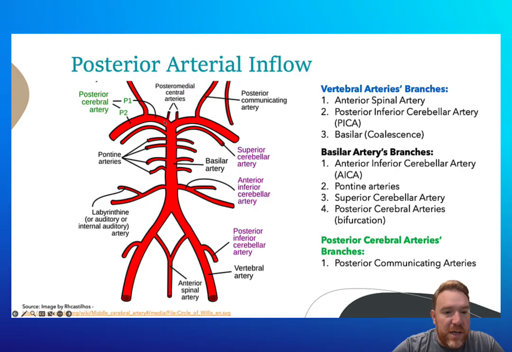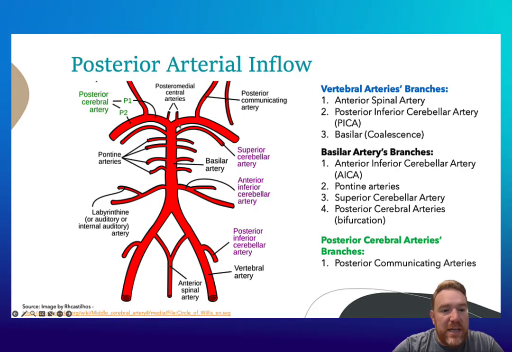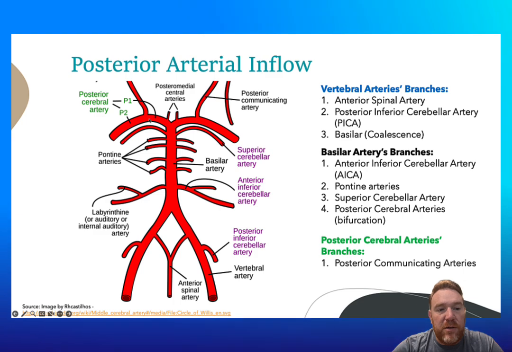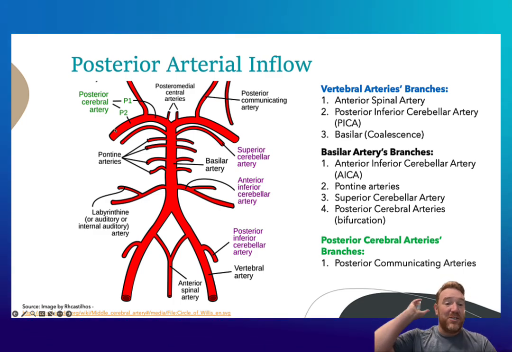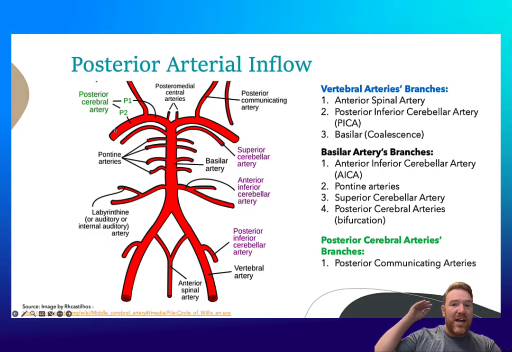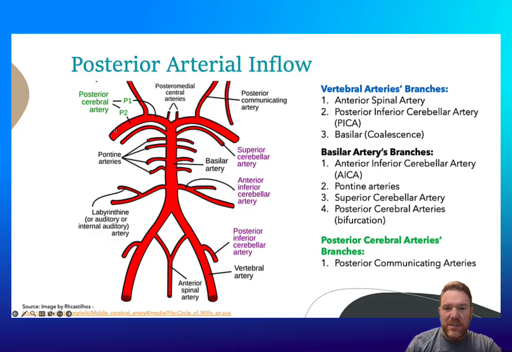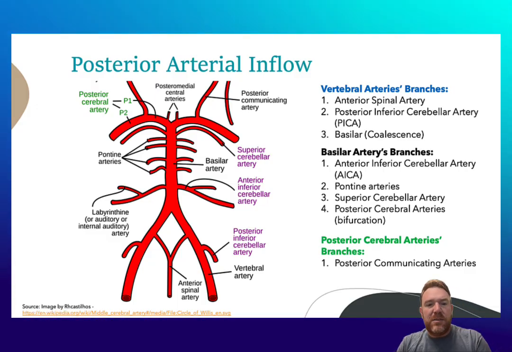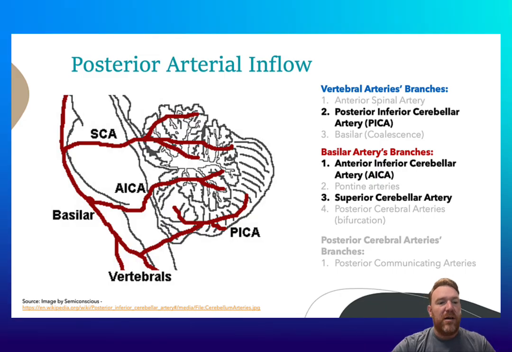As the basilar artery comes up, it will then split into the posterior cerebral arteries, and those are going to go to the occipital lobe back here, as well as project forward into the thalamus a little bit. Let's look specifically, though, at the ones that are coming off that we talked about a little bit, the PICA, AICA, and superior cerebellar artery.